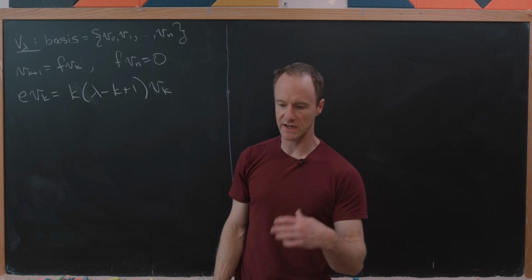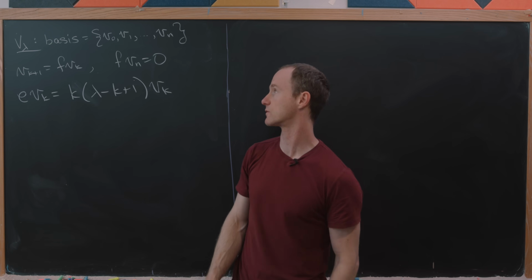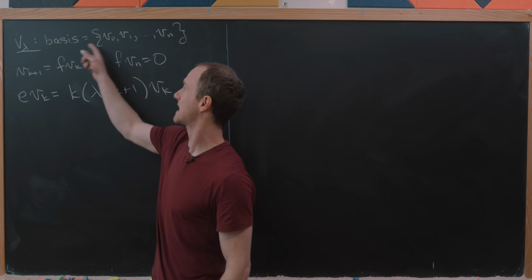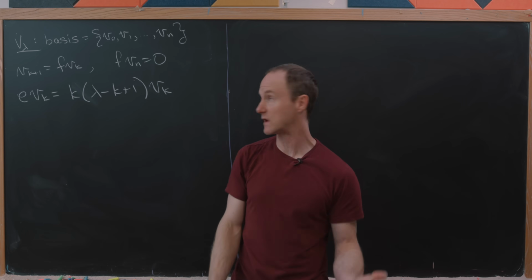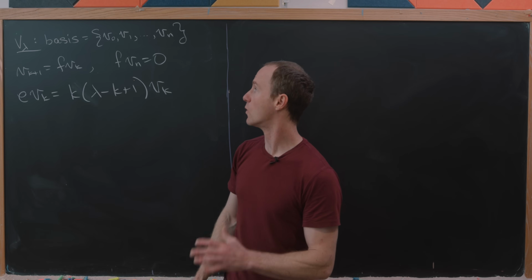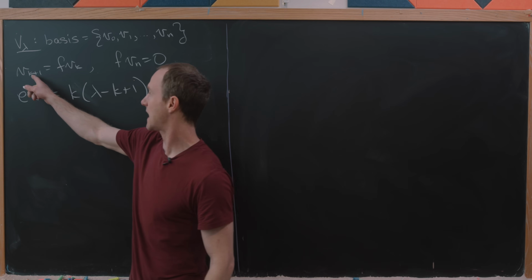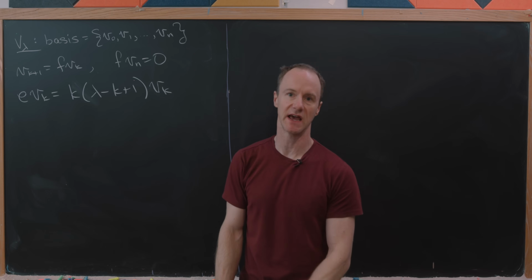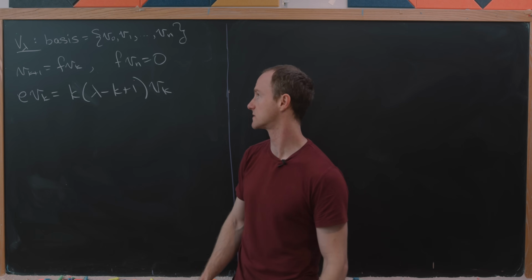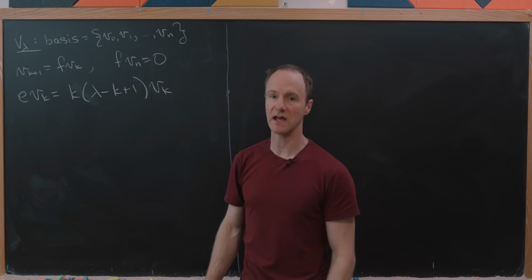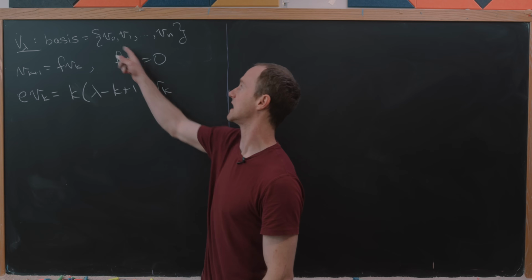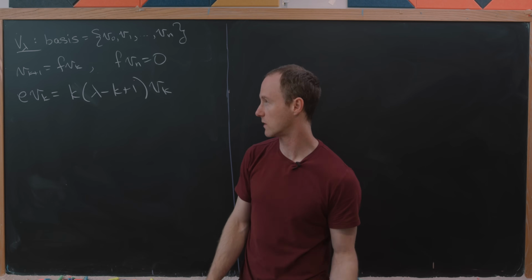So far what we saw is if we have an irreducible finite dimensional representation, then it has to have this basis v0, v1 up to vn, where v0 is our highest weight vector. And then v(k+1) was f applied to vk, so it's this iterative process. And then f applied to vn was 0, whereas e applied to v0 was 0.